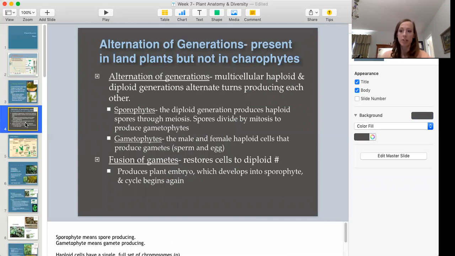And I should mention here that there's this concept of alternation of generations, which is present in land plants now, but not in our chara and our charophytes.